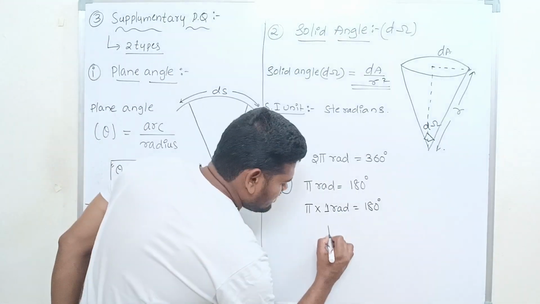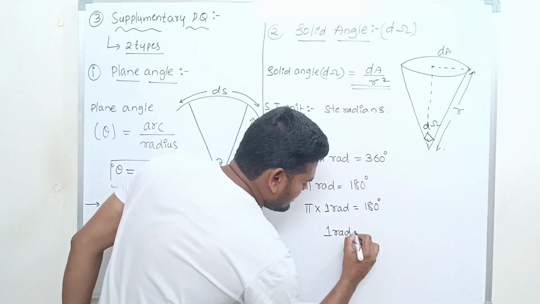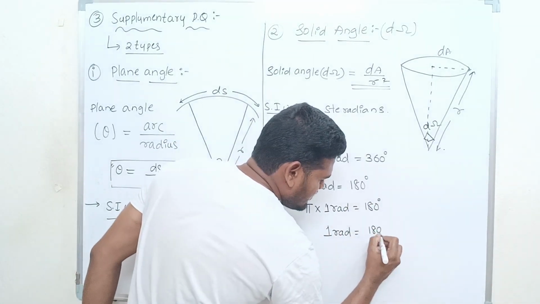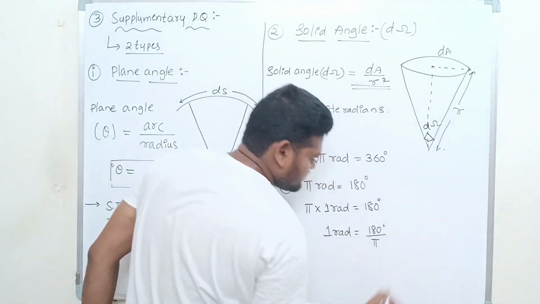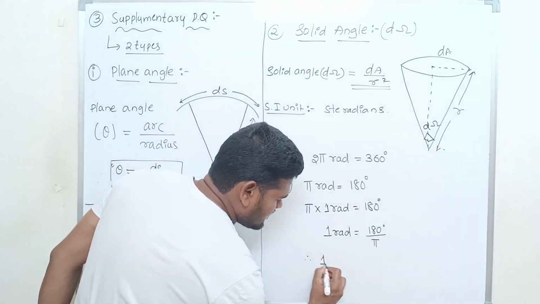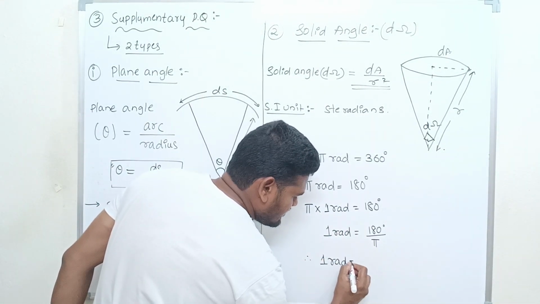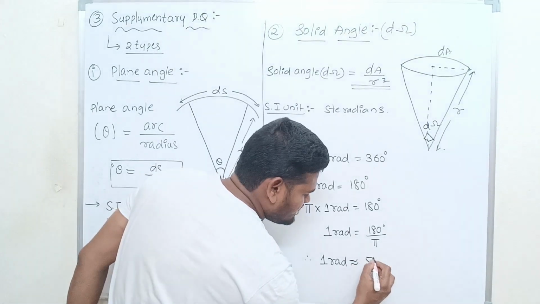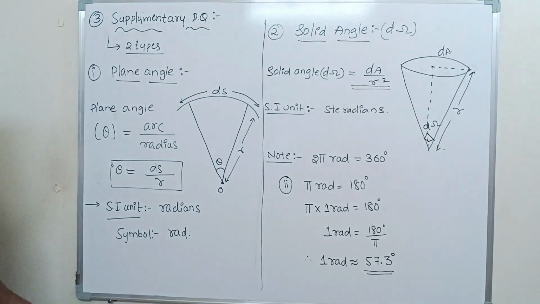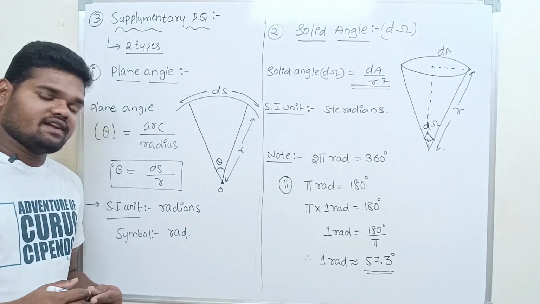Then 1 radian is equal to, if the multiplier goes to this side, it comes to the denominator, 180 degrees by pi. If we solve this, we get 1 radian is nearly equal to 57.3 degrees.